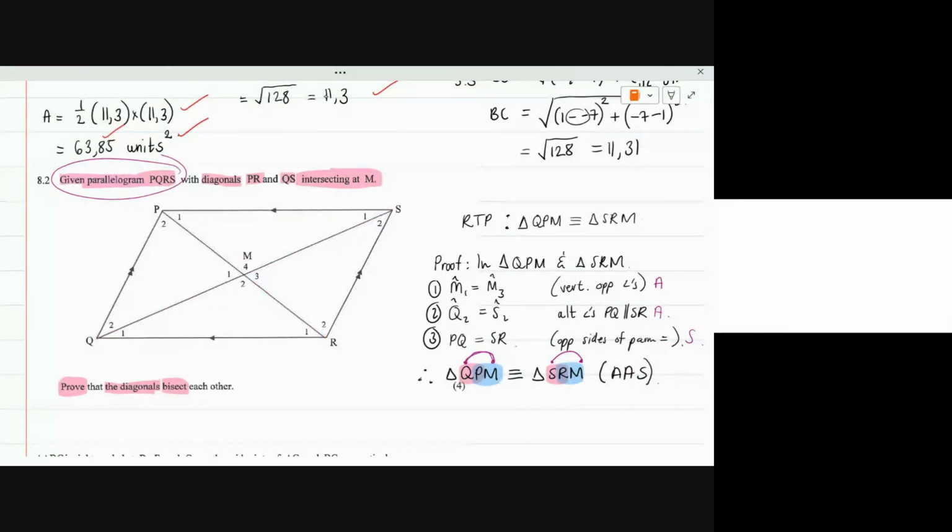Right, so let's write it out. We're going to then say PM is equal to RM, right? And our reason is because of our congruent triangles. It's a bit annoying, but you actually have to write triangle QPM congruent to triangle SRM. It's very annoying, but we have to do it. Okay, then we can say QM is equal to SM.